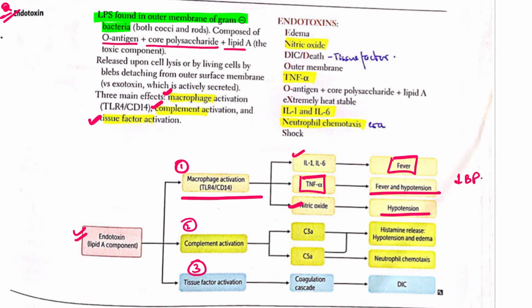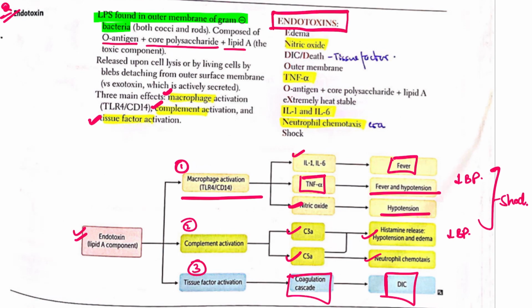Then complement activation, C3a and C5a formed. C3a causes histamine release, again it leads to hypotension and edema. C5a causes neutrophil chemotaxis. Then tissue factor activation leads to the coagulation cascade and leads to DIC. So this leads to shock. To remember, we just use the abbreviation ENDOTOXINS, right?